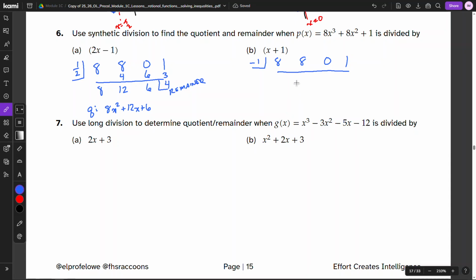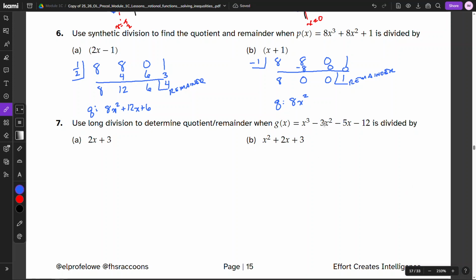All right, here, bring down the 8, multiply, add, multiply, add, multiply, add, and so here's our remainder. And our quotient would simply be 8x squared.